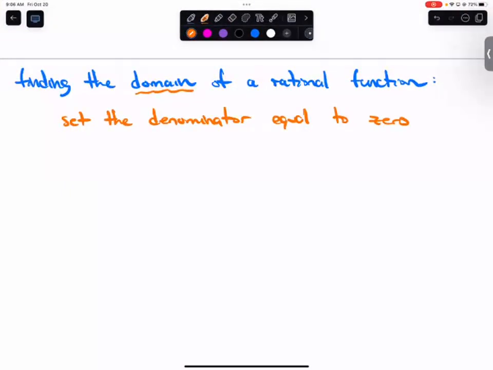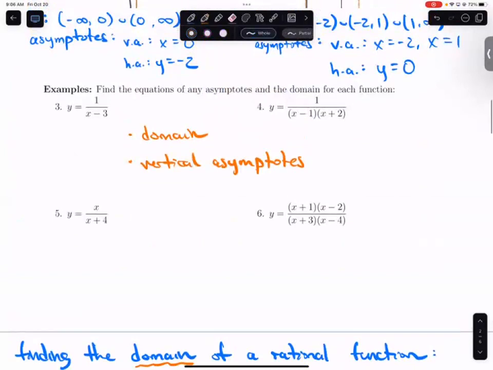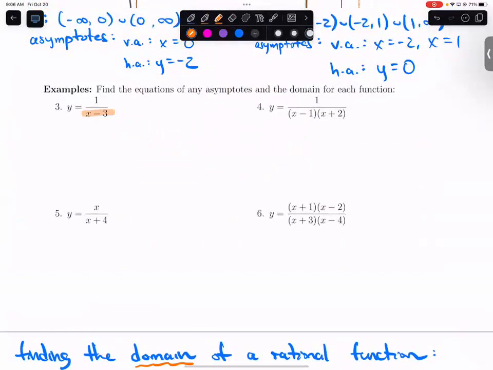So for example, in number 3, I take x minus 3, I set it equal to 0, I get 3. What does that tell us? That there's a problem at 3, right?